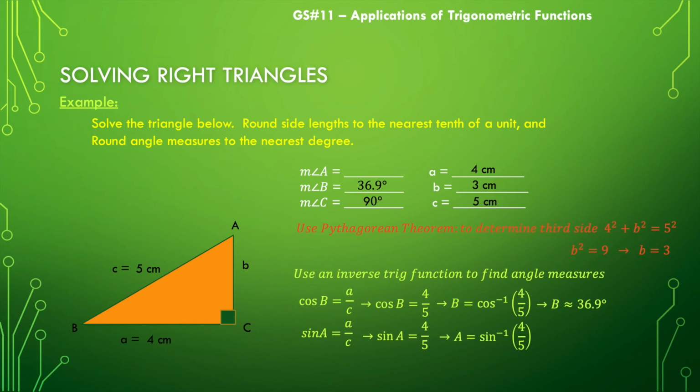And then we can crunch that in our calculator and find that the measure of angle A is 53.1 degrees. Now, this is where I can use the triangle sum theorem to check, because now I have my three angles. I want to add them up and verify that they equal 180 degrees, and yes, they do. So I am very confident that I have solved that right triangle correctly as well.